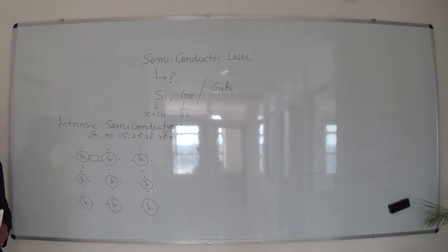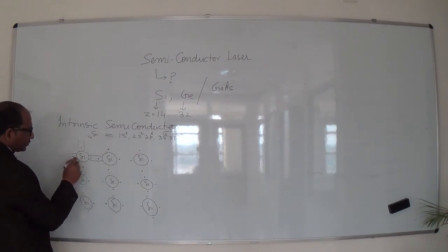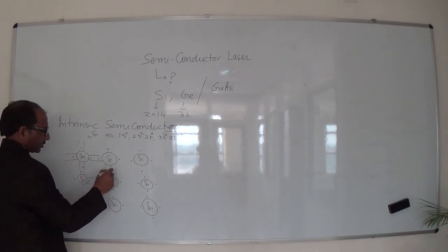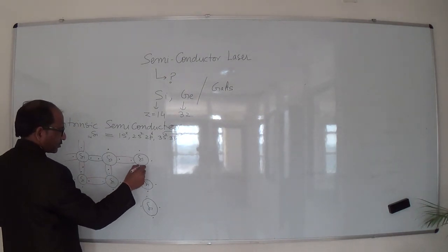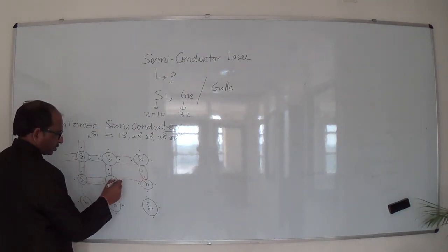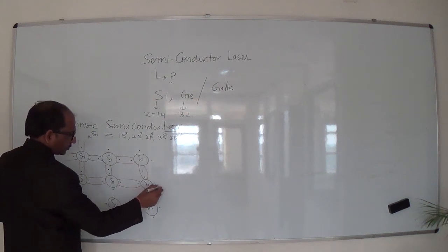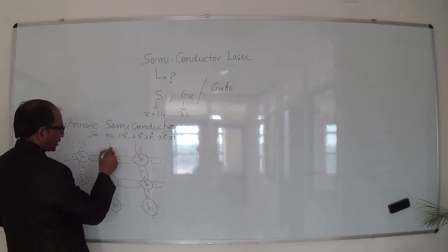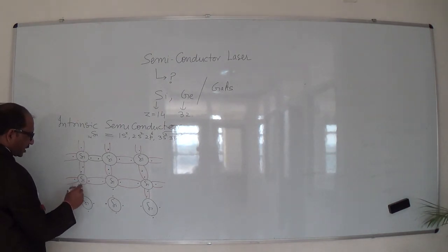So these are covalent bonds basically. I am making it with a red color pen to make it clearer. So clearly these are the covalent bonds, and this structure is known as the intrinsic structure of semiconductor material.